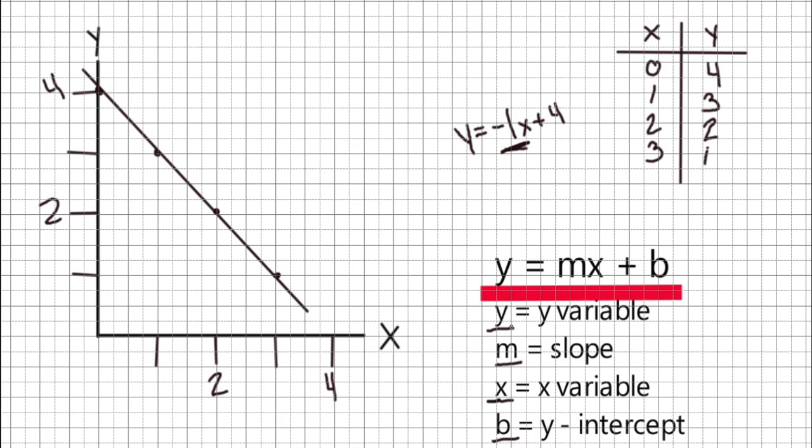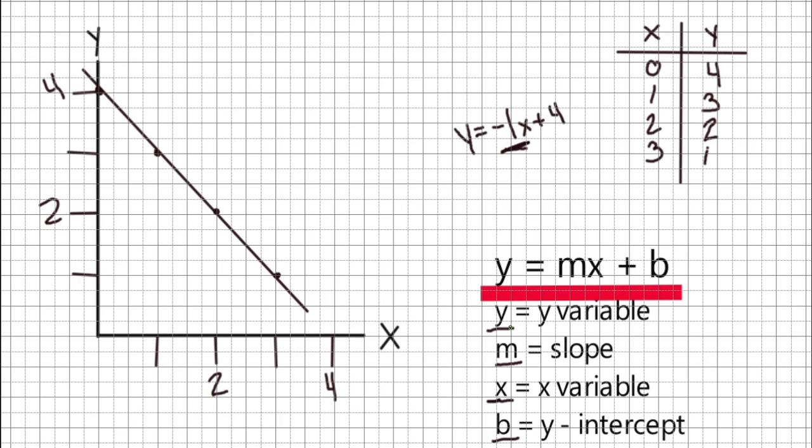So before we end this video, let's go ahead and sum everything up, because we have gone over quite a bit of stuff. y equals mx plus b is our slope-intercept form. And we can use this to plot points and find our lines on a graph.